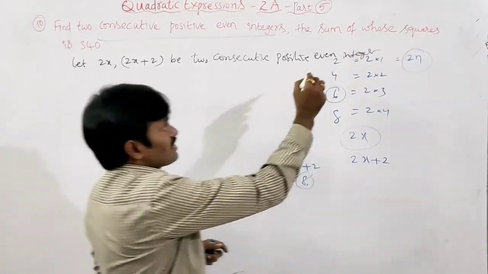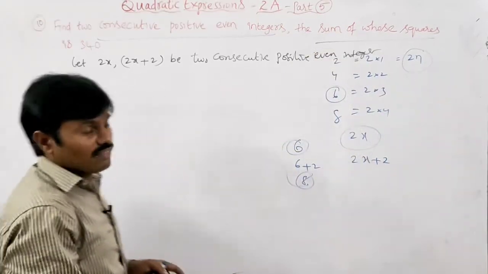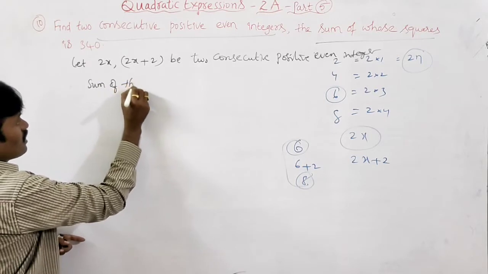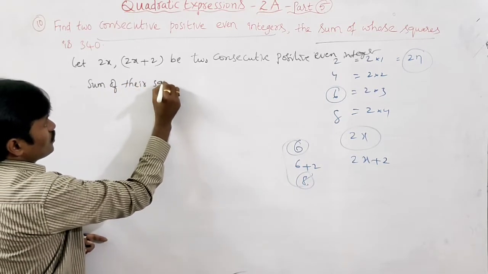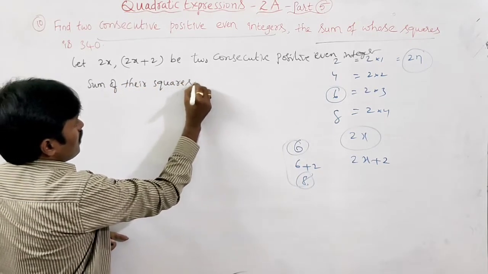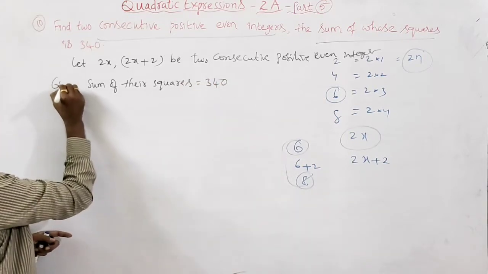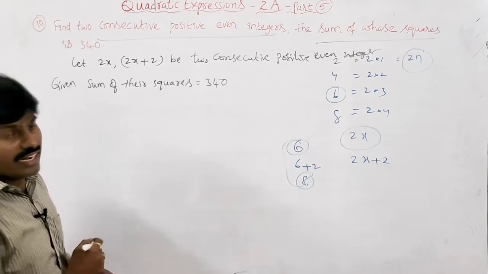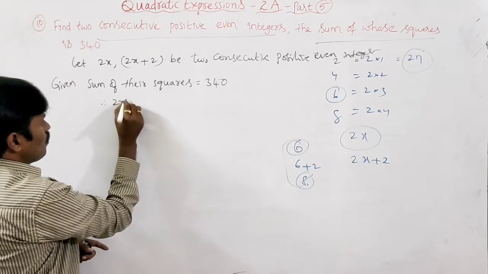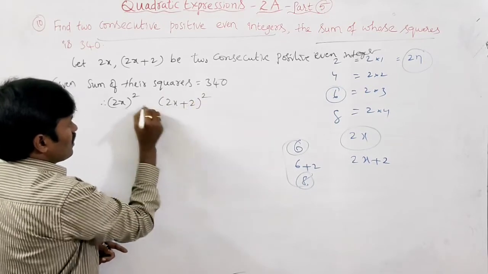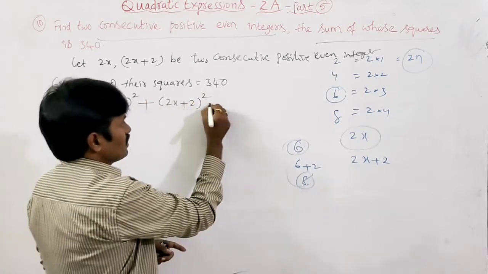Then according to the condition, the sum of their squares is given, the sum of their squares is equal to 340. Is it given? It is given. That means (2x) whole square and (2x plus 2) whole square, squares I have found, and their sum, plus, is equal to 340.